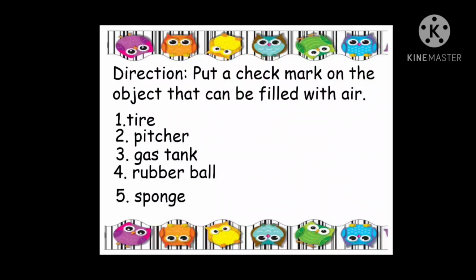Number 1. We are going to put a check mark on it because it can be filled with air. Number 2. Pitcher. You are not going to put a check mark on it because it cannot be filled with air. Number 3. Gas tank.